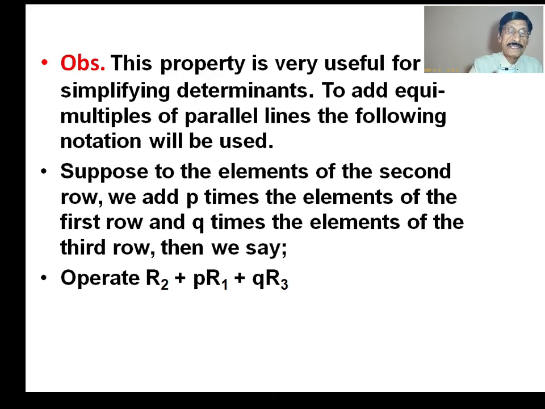This is a method to write the operation which we are going to do on the determinant. That means this is row number 2, and P multiple of row number 1 has been added and Q multiple of row number 3 has been added.